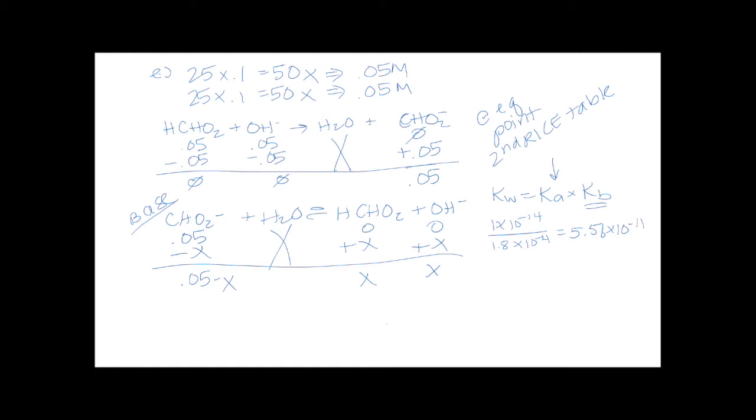Okay, so now I can solve for x. When you solve, I get 1.67 times 10 to the minus 6. That is my concentration of OH minus. I take the negative log of that. I get 5.77, but that is my pOH. So I need to take 14 minus 5.77, and I get 8.22.